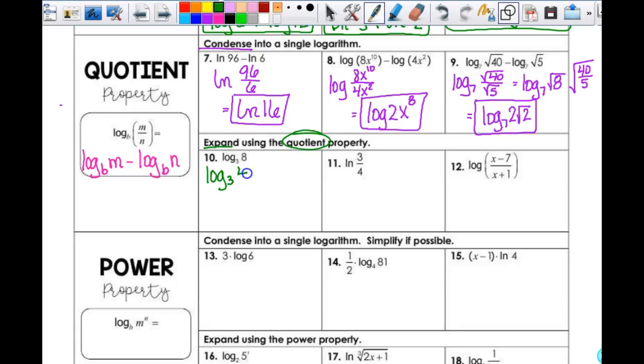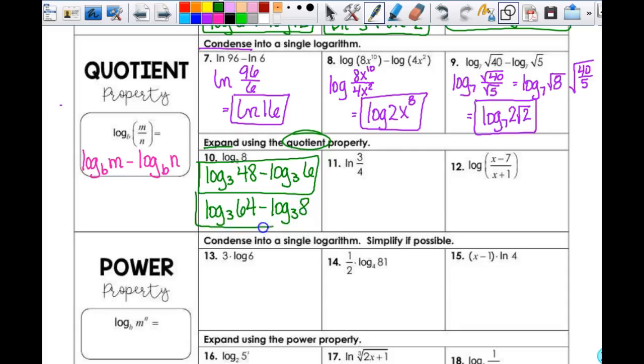So this could be the log base 3 of 48 minus log base 3 of 6. Or I could do log base 3 of 64 minus log base 3 of 8. What do you think about that one?